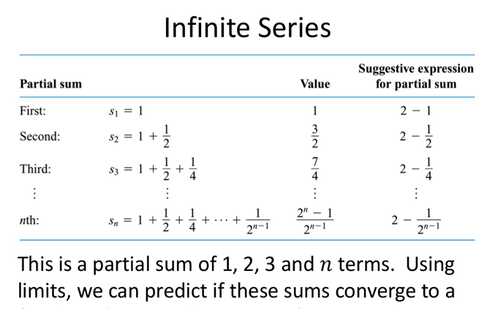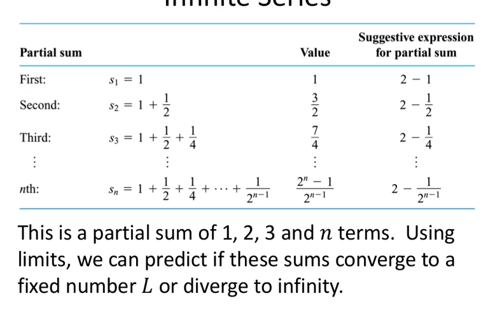And as you add more terms, in this case, it will converge. In fact, it will converge to the number 2, because it's 1 plus 1/2 plus 1/4, and eventually you'll get very, very close to 2. It doesn't always happen that they converge. Sometimes they actually diverge and don't approach any number at all.